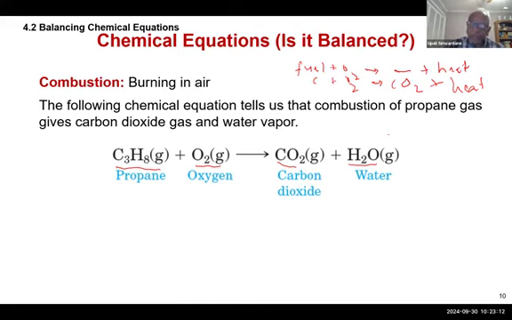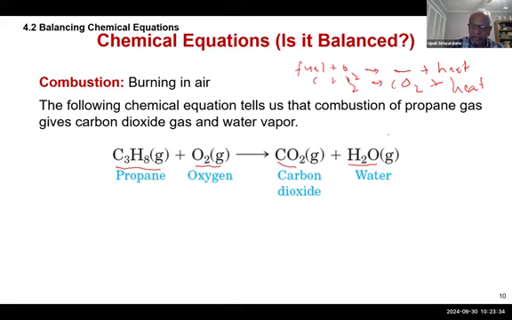This is the oxidation reaction. Elemental oxygen has zero charge. We're going to talk about oxidation-reduction reactions and how exactly you tell it's an oxidation reaction.